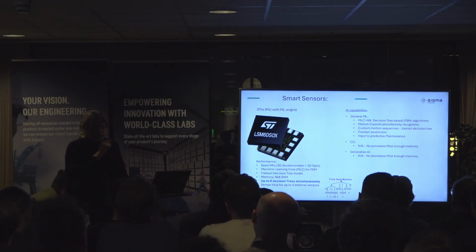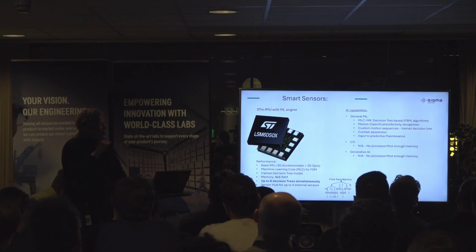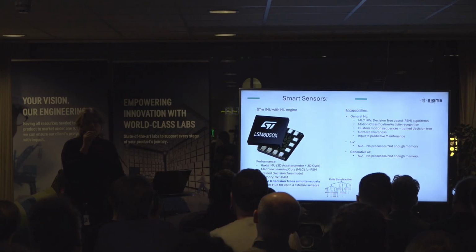This is maybe borderline AI or machine learning, but you can argue that it is because you train it. So this happens to be STM, there are other sensor manufacturers as well. This is a small IMU, accelerometer and gyro, or accelerometer and compass, or accelerometer, gyro and compass, what have you.